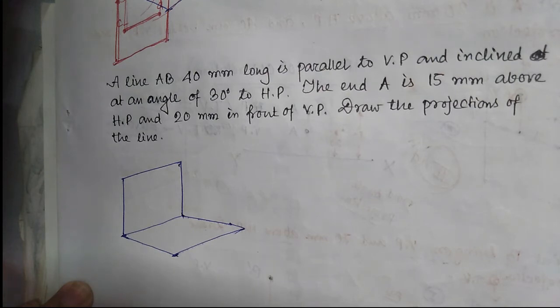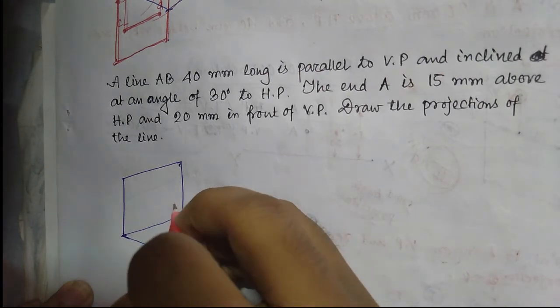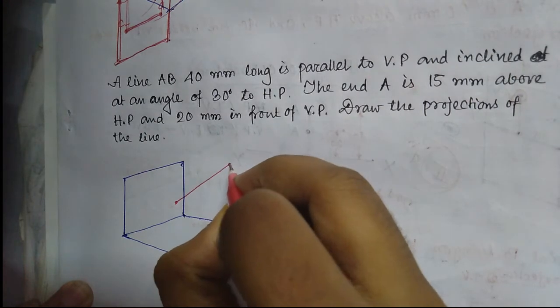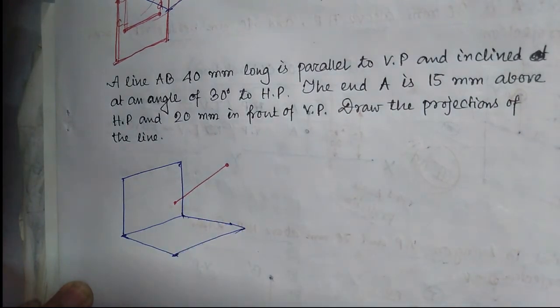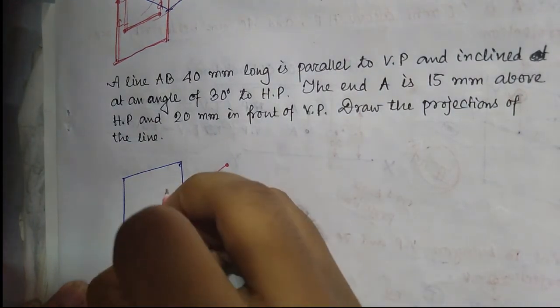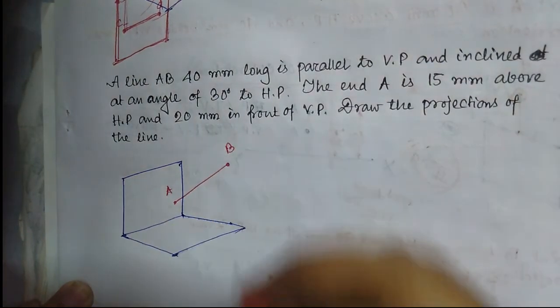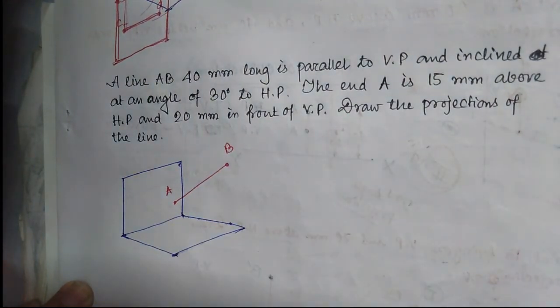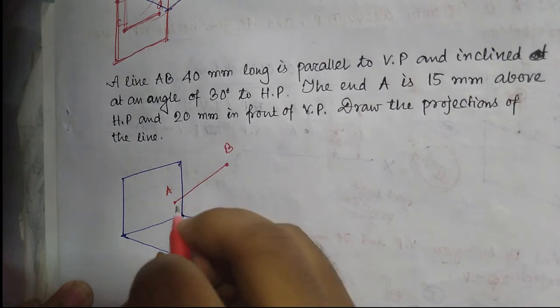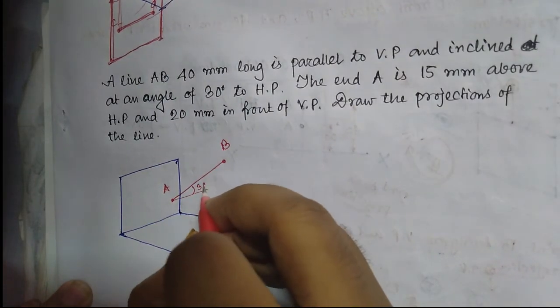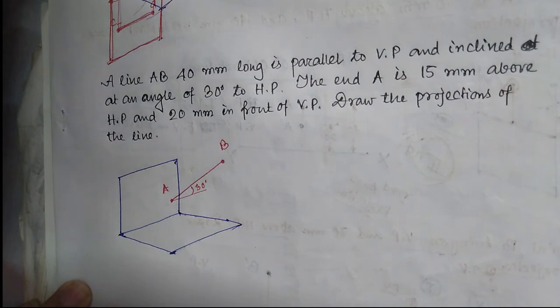How much angle? 30 degree angle. So this can be a position. Suppose this is AB. This angle is 30 degree to the horizontal plane.